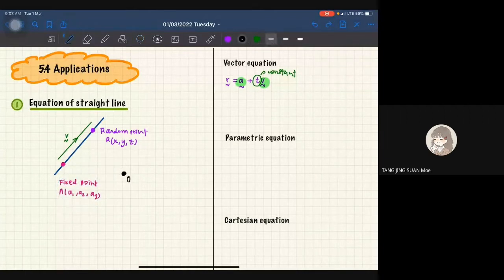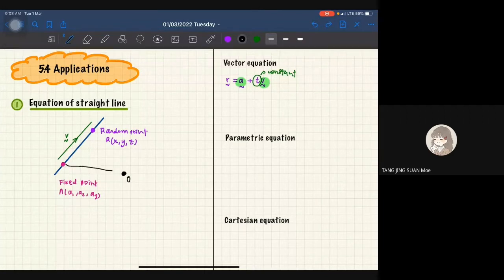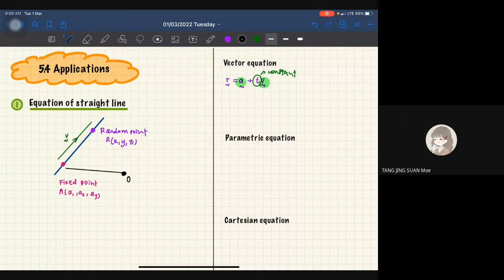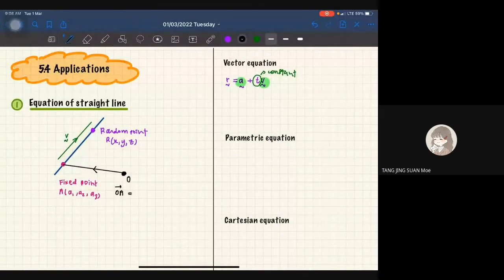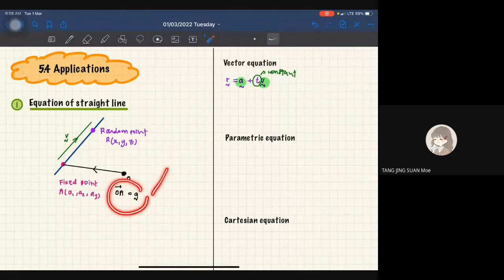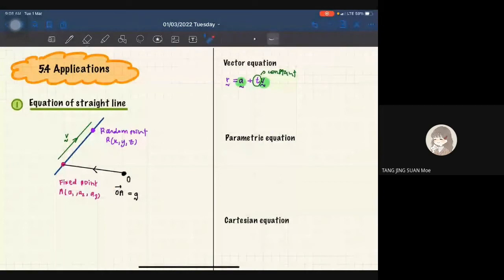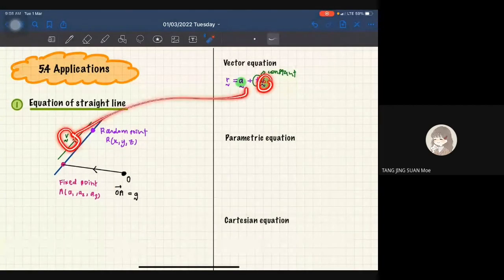Okay, so I will cari this one. This is OA, which we denote as vector A. Okay, so yang ini kita akan masukkan dekat sini. And then vector V is just this one lah. Masukkan sahaja dalam ni nanti.